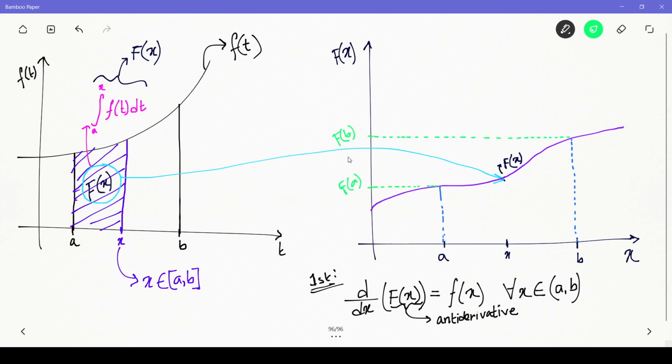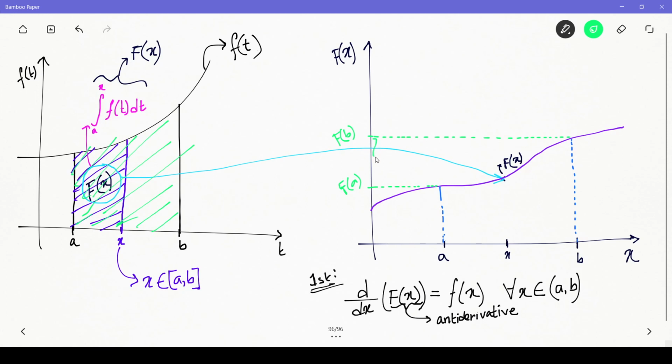So we say that the area underneath the curve f of t from the lower limit a to the upper limit b, this whole thing over here, is basically the difference.